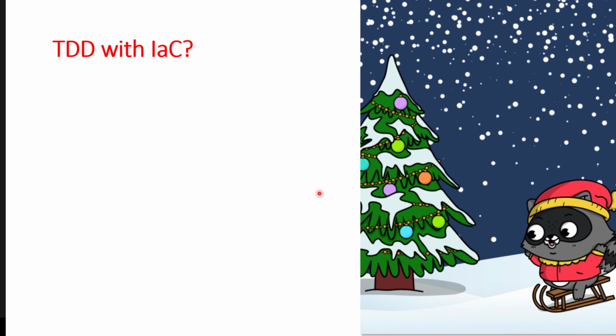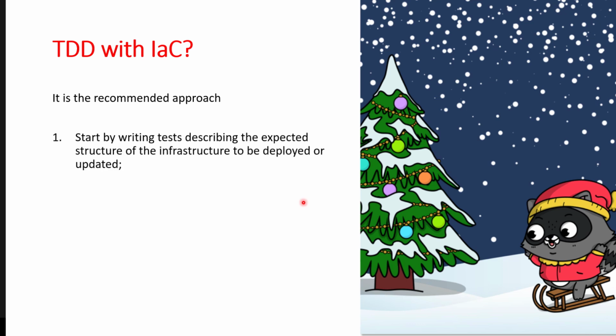So can we use Pester in order to do TDD or test-driven development for our infrastructure as code approach? And the answer is yes, and it is actually the recommended approach. I would recommend that you start by writing the test describing the expected structure of the infrastructure to be deployed or to be updated, even before you write that infrastructure. Then you run those tests.